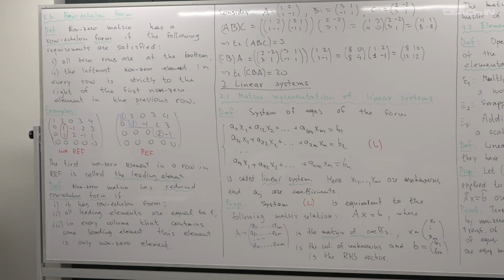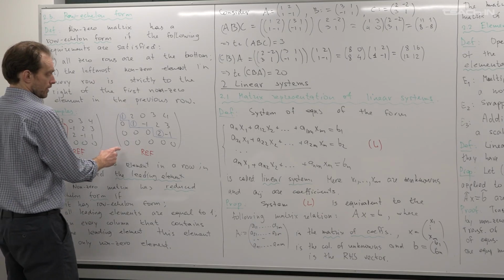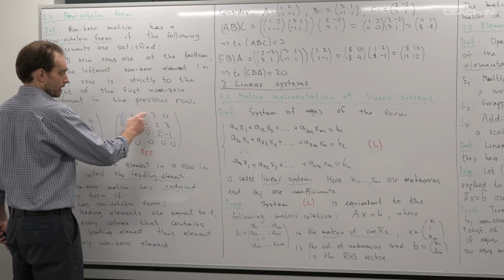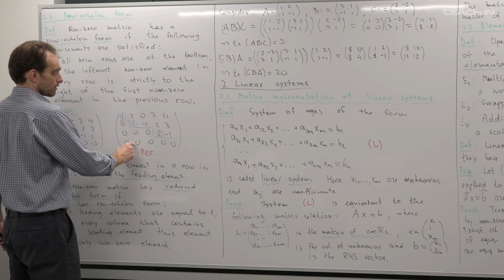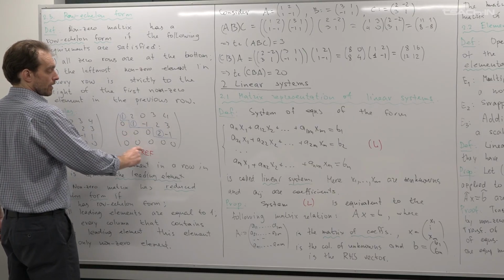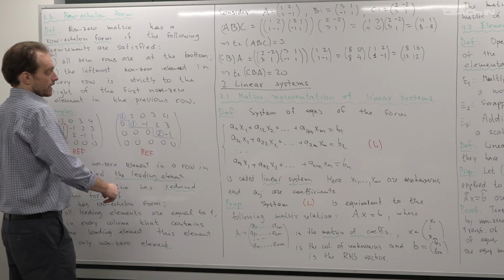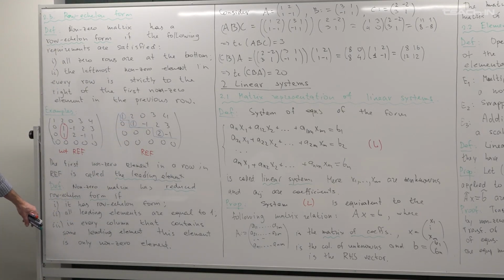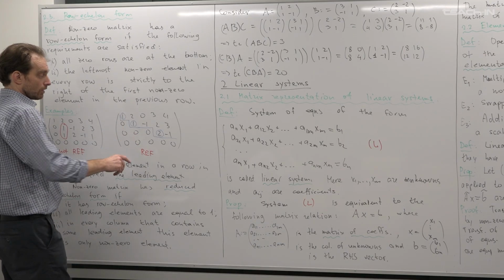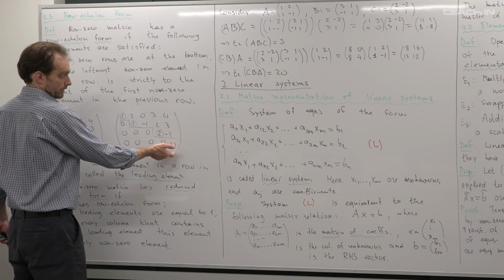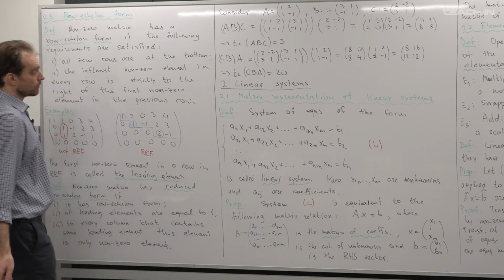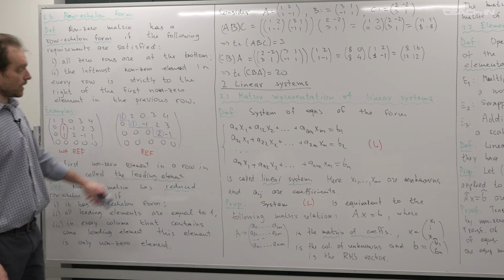And we add one more requirement, that if some column contains a leading element of some row, for example here the first column contains the leading element in the first row, the second column contains the leading element in the second row, then the third column does not contain any leading elements. So it's free of leading elements, and that's why the third requirement is not applicable to this column at all. And the same for the last column, right? So there are also no leading elements in the last column.